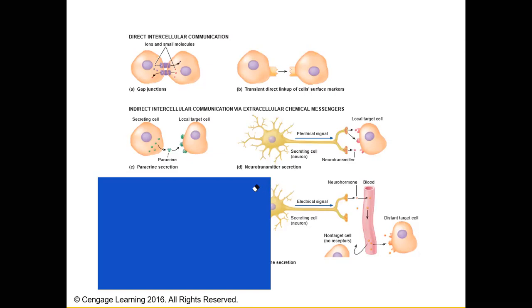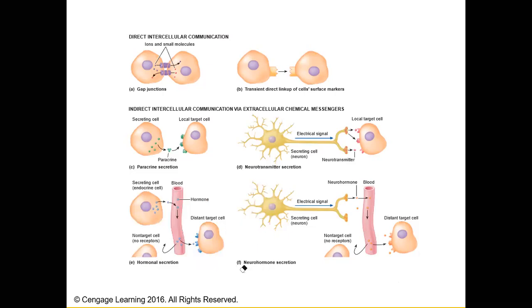In this case, we talk of a neurohormone. In the first place, we have neurotransmitter being released. That is a nervous communication. In this other one, because it will be taken up by the blood, it is a neurohormone. Any chemical that is being transmitted in the blood is a hormone.